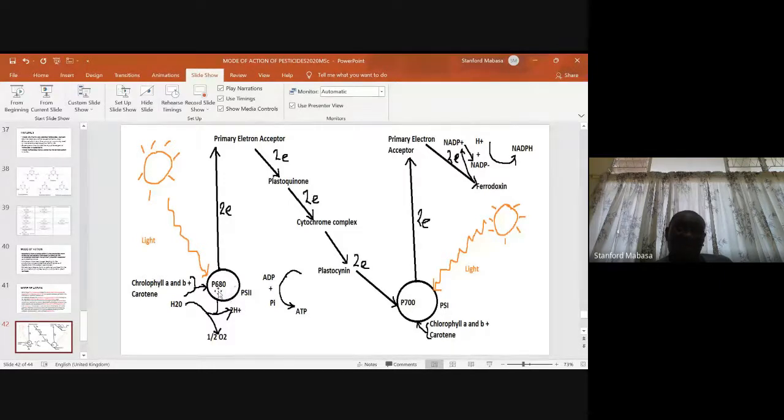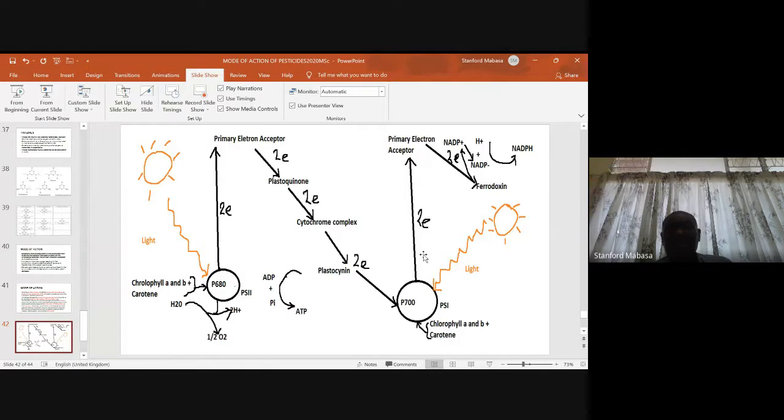Now, when electrons leave P680, they go to the primary electron acceptor. Then they go to plastoquinone, cytochrome complex, plastocyanin, and eventually they are taken by P700, which is also chlorophyll A and B, plus carotene.